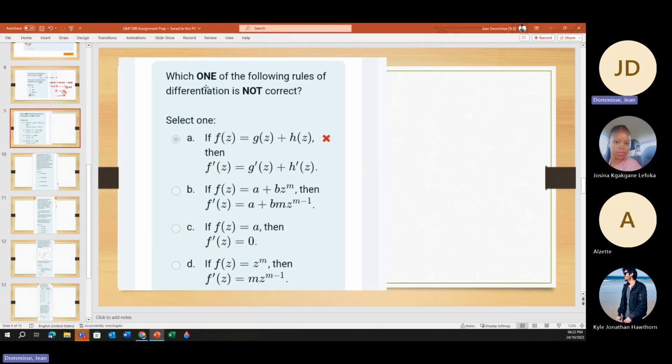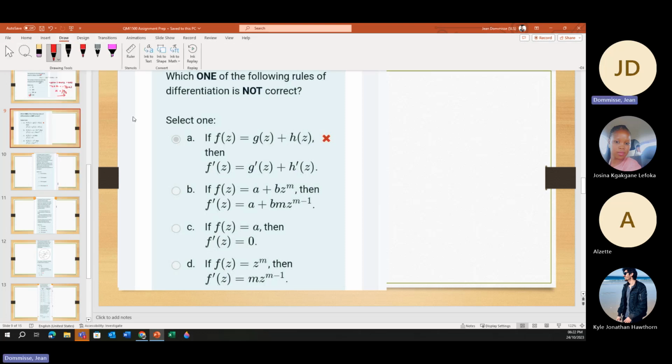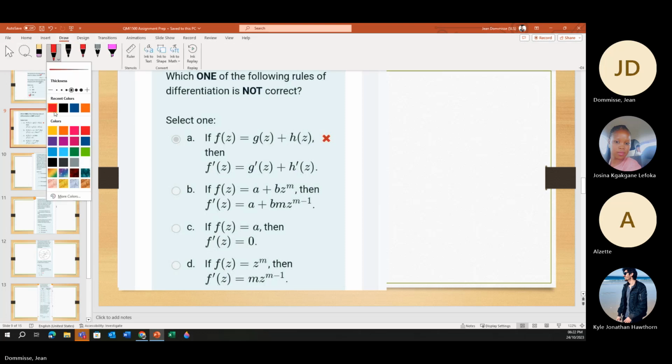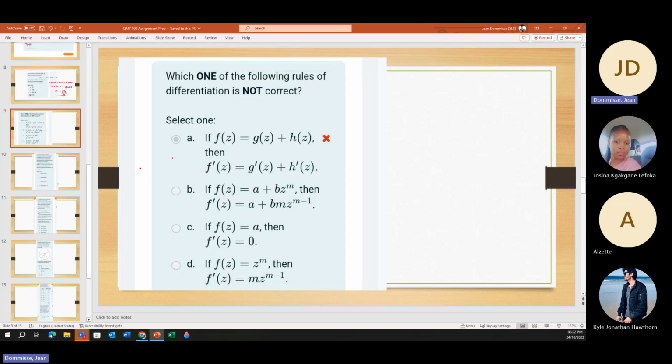Okay. Which one of the following rules of differentiation is not correct? Okay, for that I needed my cheat sheet, but let's quickly. It's not correct, so just want to.